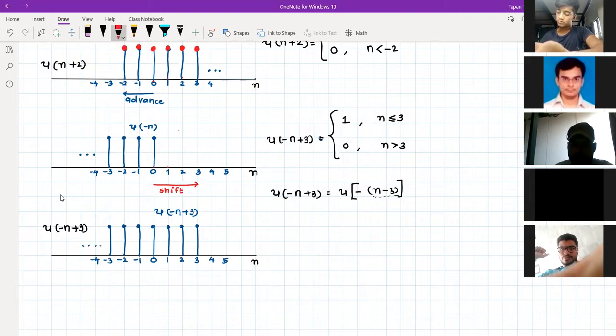From 3 up to minus 2, both signals are having 1. But at other instances, for example, at 4 and 5 and so on, it is having 0 value, right? Similarly, here at minus 3, minus 4, it is having 0 value. So what will happen if you multiply these two?